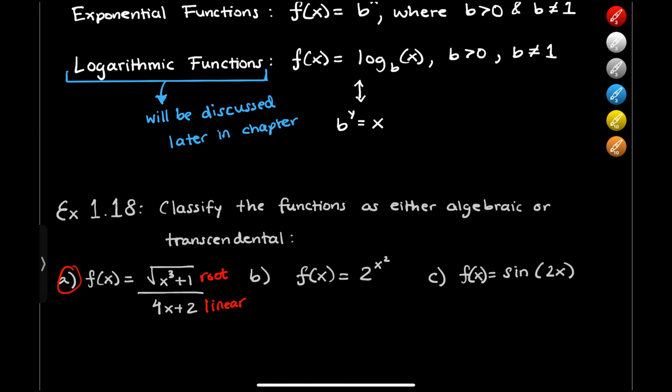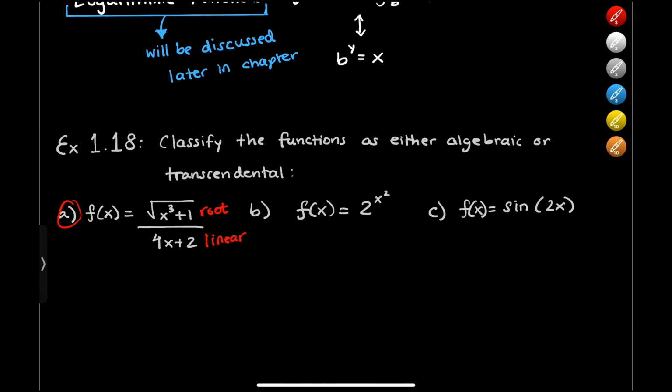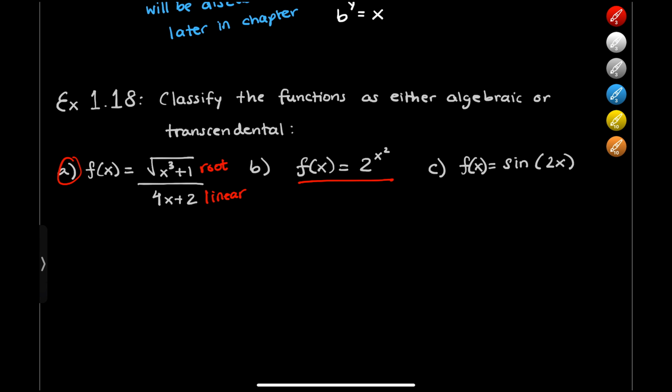So that is an algebraic function. Looking at this one, this seems to be an exponential function, so this is transcendental. This is algebraic. And looking at this last one, this is a trig function, so it's obviously transcendental.